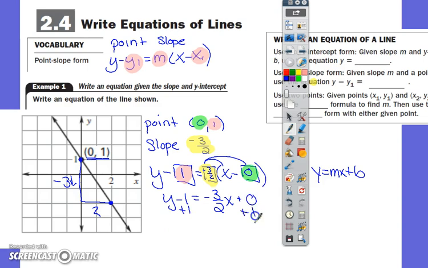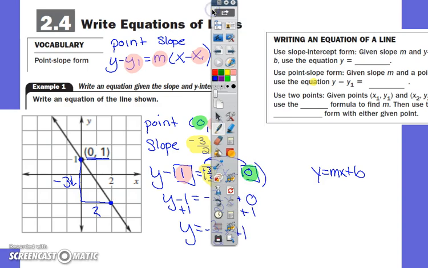Add the 1, y equals negative 3 halves x plus 1. Now you know your slope is negative 3 halves, and you know your b is 1. Is that the graph? From 1 on the y-intercept, we go down 3 and over 2. That's good.